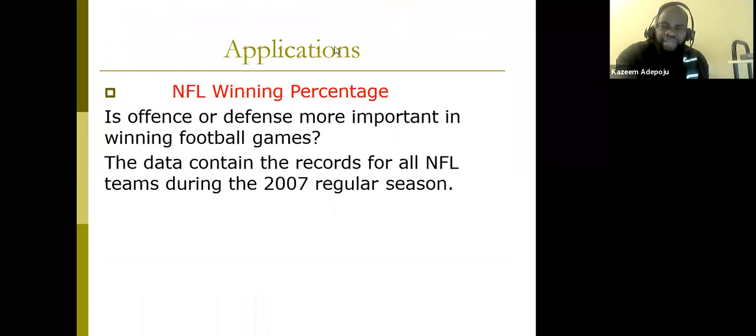If that is what I have, I want to use an example right now. This example is going to come from NFL winning percentage, where we want to investigate what is important between the offense and defense in winning football games.